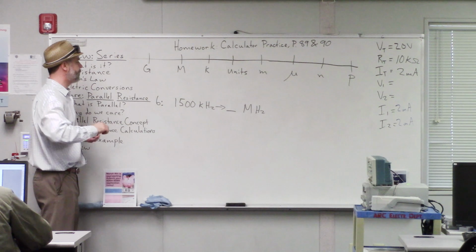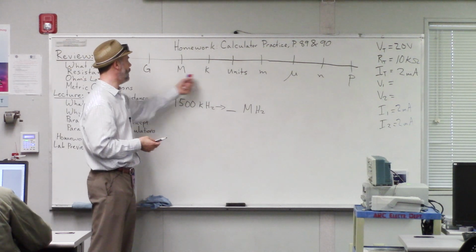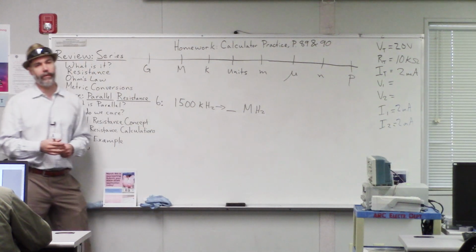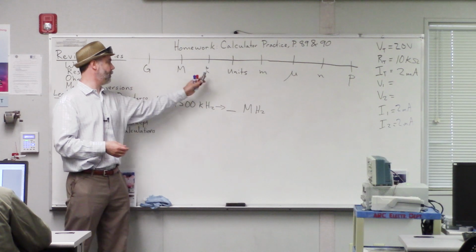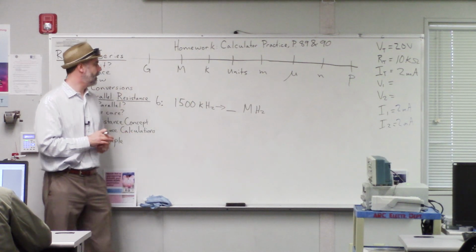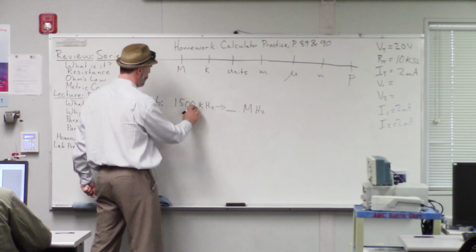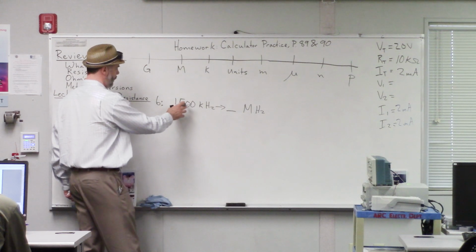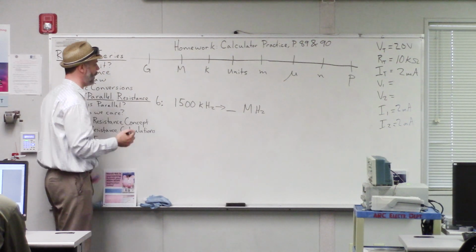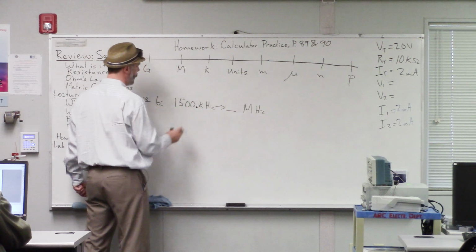So here, we're going from kilo to mega. So how many spots am I moving? 3. Yeah, I'm moving 1 place left on the line, which is 3 decimal places. When there's no decimal point shown, like here, it's just 1,500, that decimal point is assumed to be at the end of that number, okay?